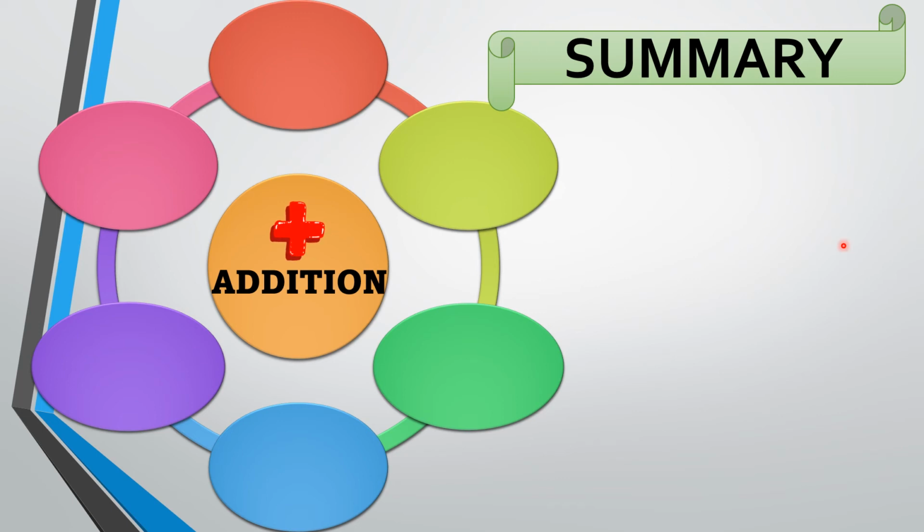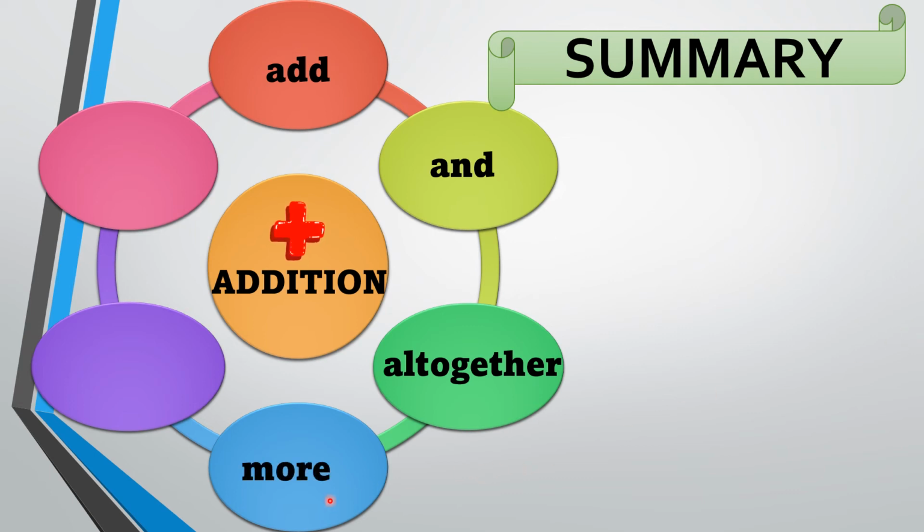The words that we must remember are firstly add, A-D-D, add, tambah, and A-N-D, dan, all together, A-L-T-O-G-E-T-H-E-R, all together, kesemuanya, more, M-O-R-E, more, lebih, total, T-O-T-A-L, total, kesemuanya, keseluruhan.